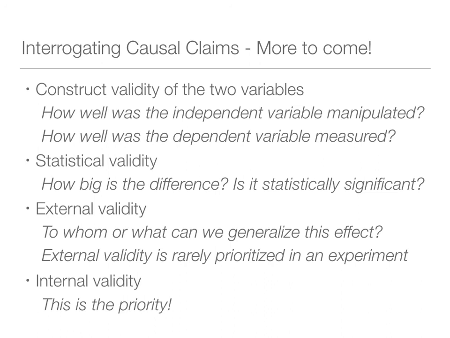When we control everything so that we can say that it is only our manipulation of the independent variable that caused change to our dependent variable, that kind of control isn't very world-like, right? That's not what the real world looks like. That kind of controlled population is not what the real world looks like. And so we limit our external validity by pumping up our internal validity. And so there is this give and take between those two that we'll talk about later.